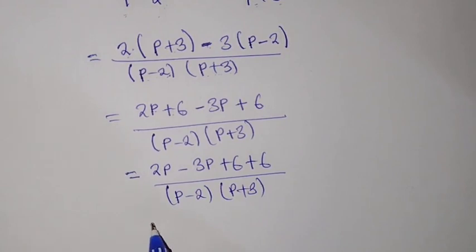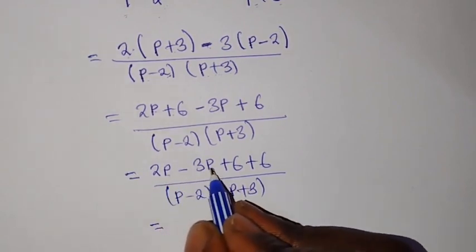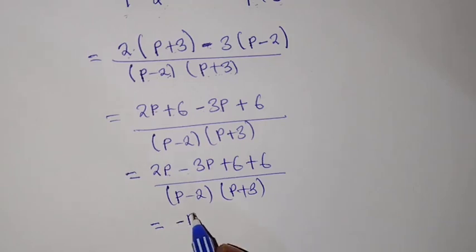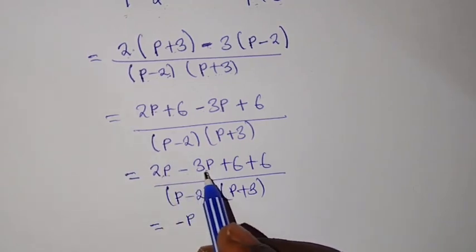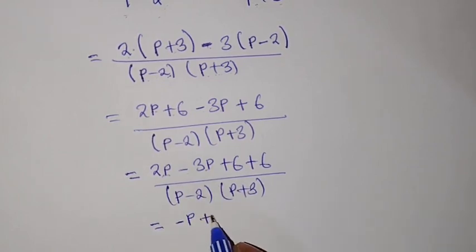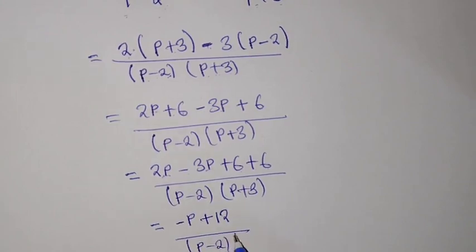Now 2p minus 3p gives us a negative p because 2p is smaller than 3p. Plus 6 plus 6 is 12, over the same p minus 2, then p plus 3.